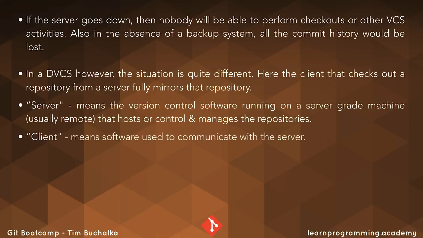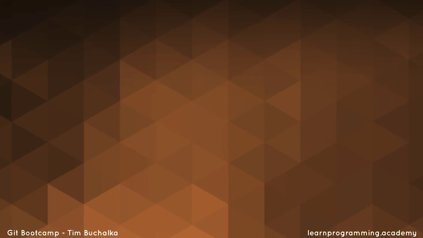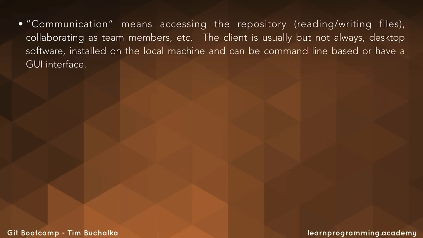Client here means software used to communicate with the server. And communication means accessing the repository, reading and writing files, collaborating as team members, etc. So the client software is usually, but not always, desktop software installed on the local machine and can either be command line based or have some sort of graphical user interface.